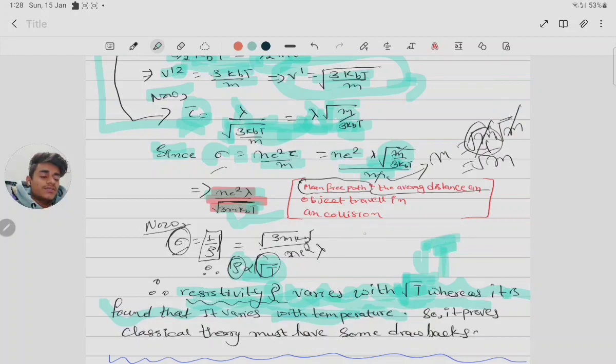The truth is that the resistivity varies linearly with temperature, rho proportional to T. This statement is true, but the other is not. So it proved that classical theory must have some drawbacks.